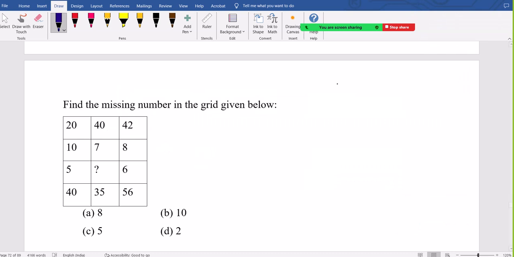Geeta said 8 is the answer. Yeah. A into B, C into D. 20 into 10 is 5 into 40. A multiplied by B, C multiplied by D. We want 280. That's 35 into 8.